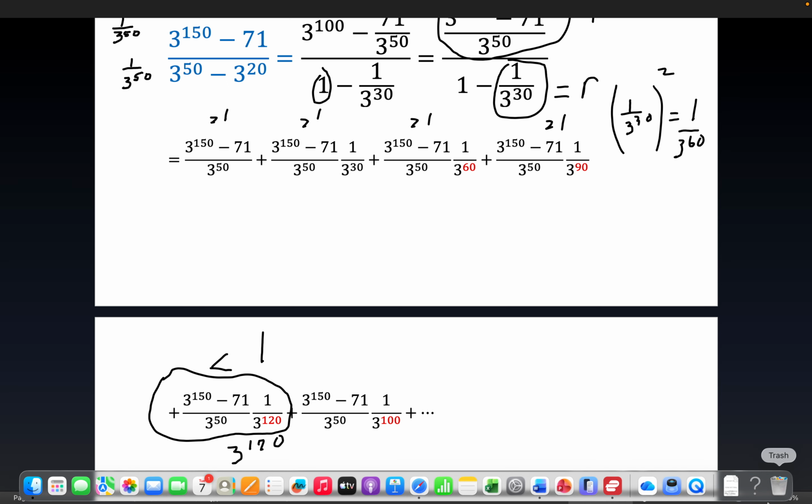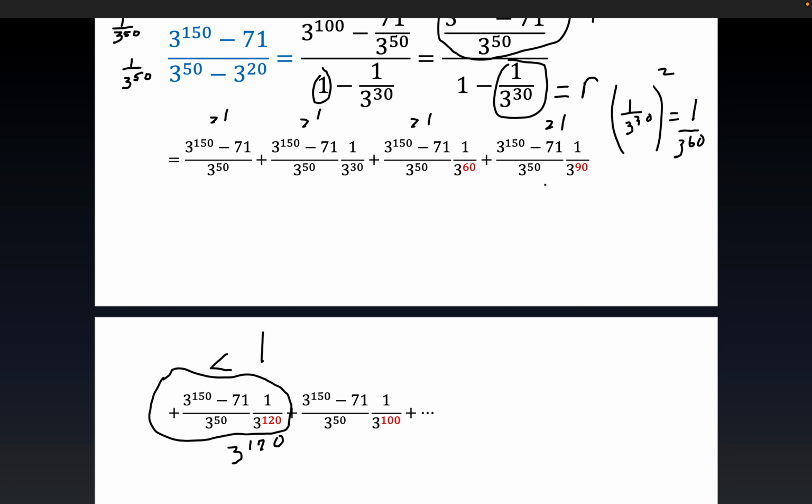That's the term right there. And that term is clearly less than 1. So, look, we have the first term here. This is the first term, the second term, the third term, the fourth term. So this is the fifth term, if you prefer to answer the question that way. That would be the fifth term.